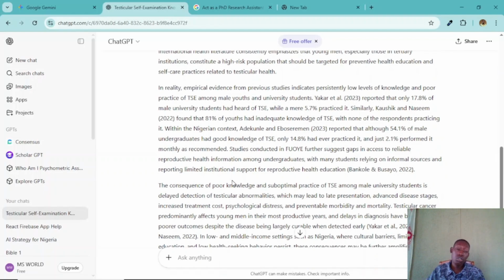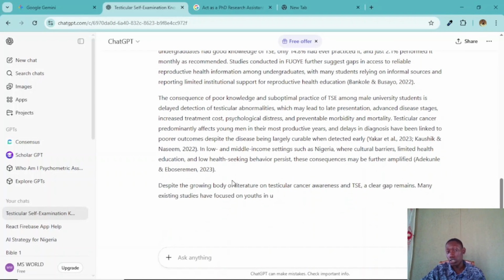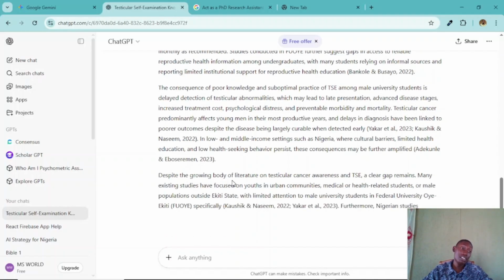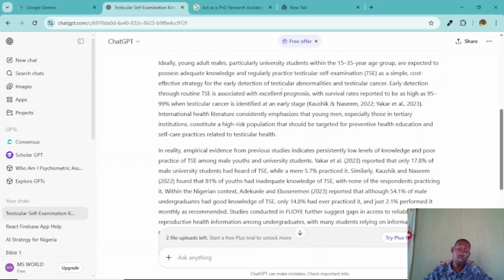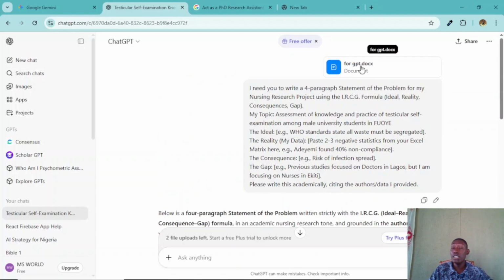As of now, we are done with chapter 1 of your research work. Remember that whatever AI gives you, try and humanize it, rewrite it, reconstruct it. If you've been able to do what you want to do, then you copy it, and go and save it somewhere. That is another way around it, since character limits may be too long. If you are using the advanced prompt I gave during the last class, and personally I recommend that prompt because it will give you much more than you need.